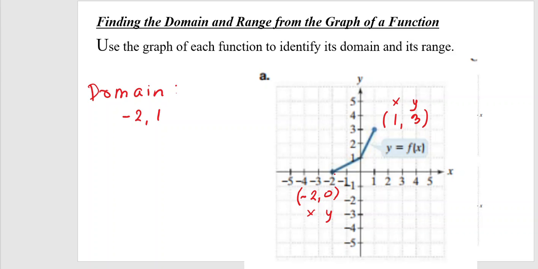The negative 2 is included, so we have to use the bracket. And the positive 1 right here is actually the same, therefore we're just gonna have the bracket. So the domain is the interval from negative 2 to positive 1.